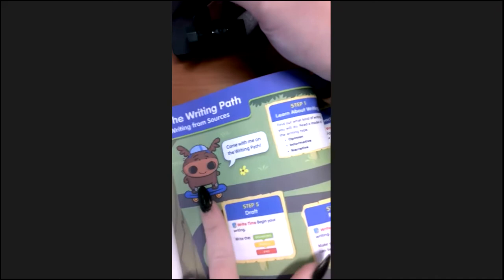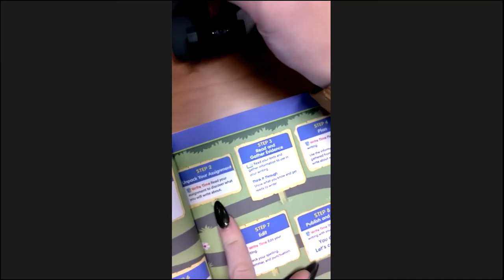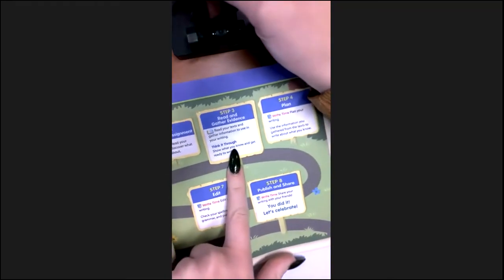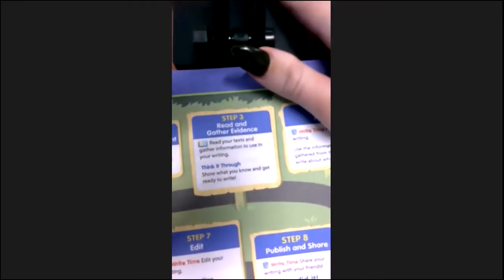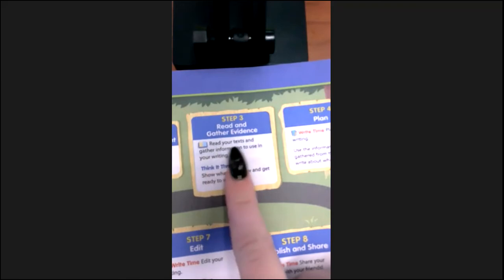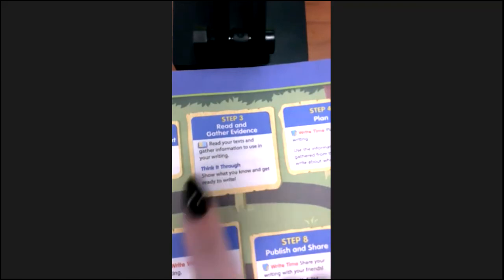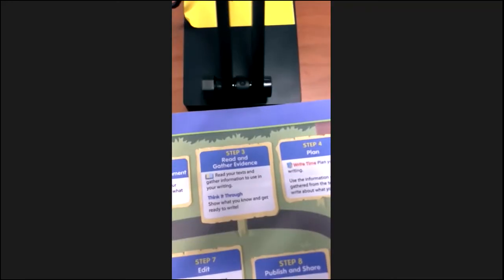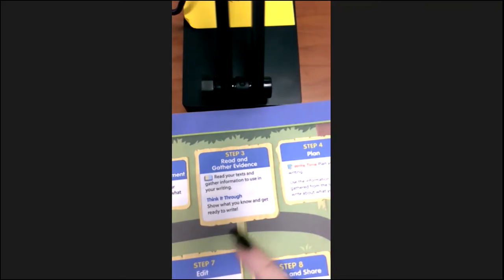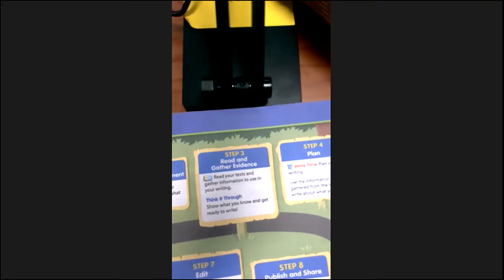So you see on page 8 and 9, Herschel on his little skateboard, and we've already zoomed past step 1, we zoomed past step 2, and we are working on step 3, read and gather evidence. So it says, read your text and gather information to use in your writing. Think it through, show what you know, and get ready to write. So we are going to use the information we've read in our text and put it in our charts, and that will help us prepare for writing.